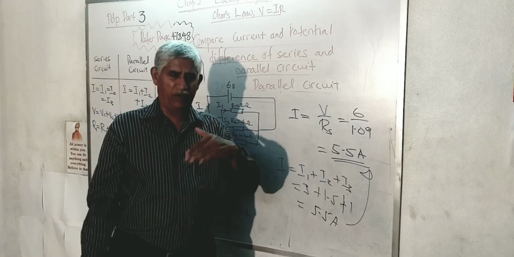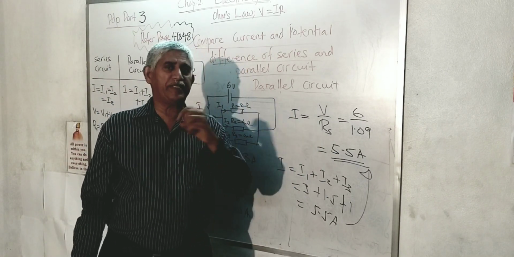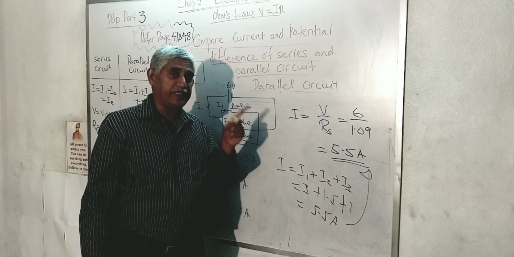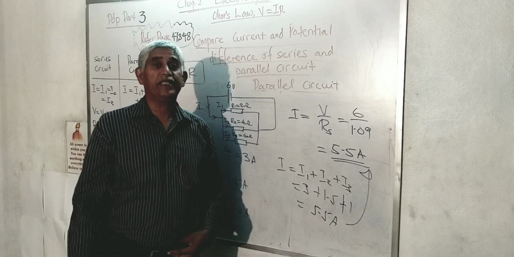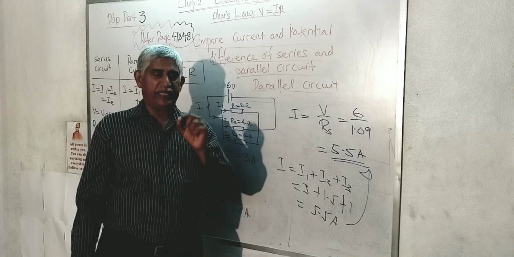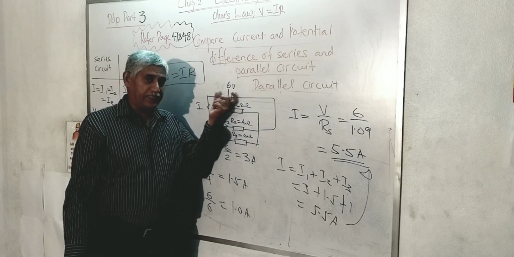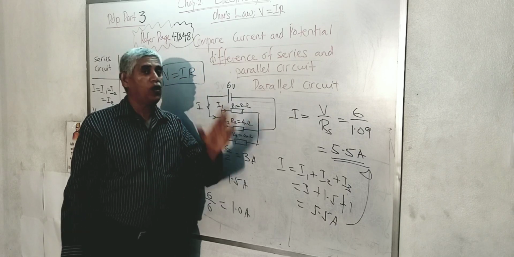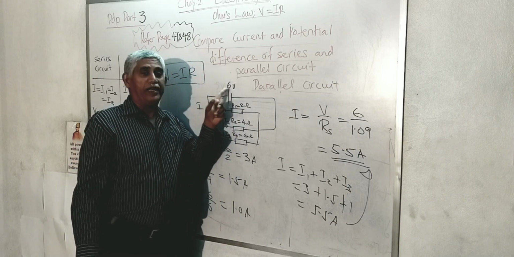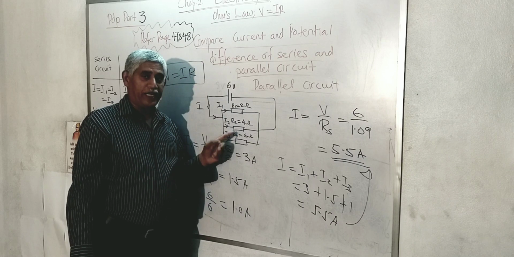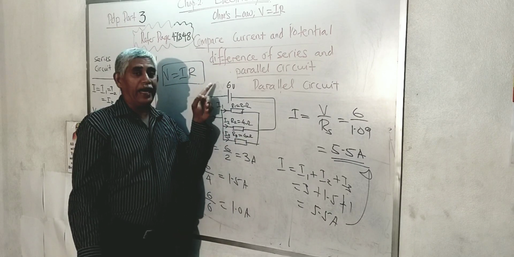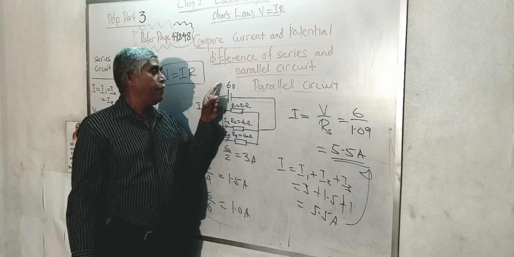So there is some resistance within the battery, which we call internal resistance. The voltage supplied to the external resistors is then slightly less than the actual voltage given by the battery.